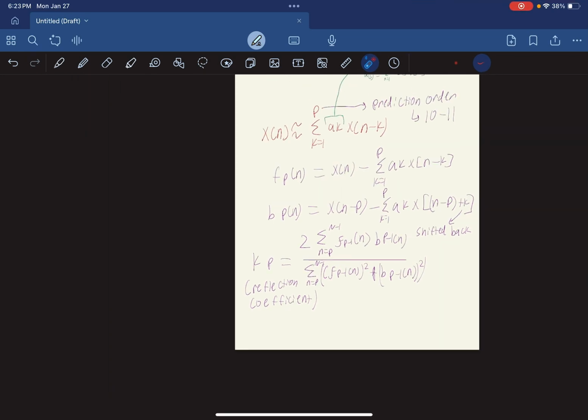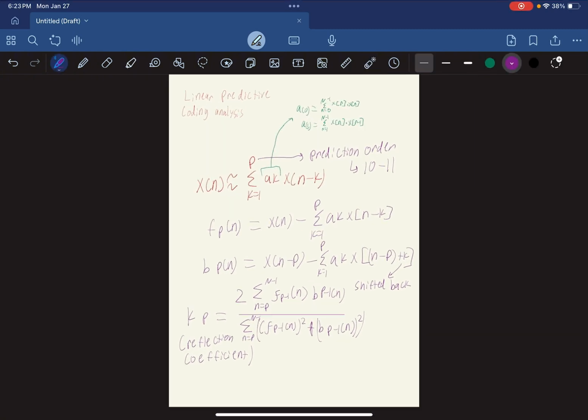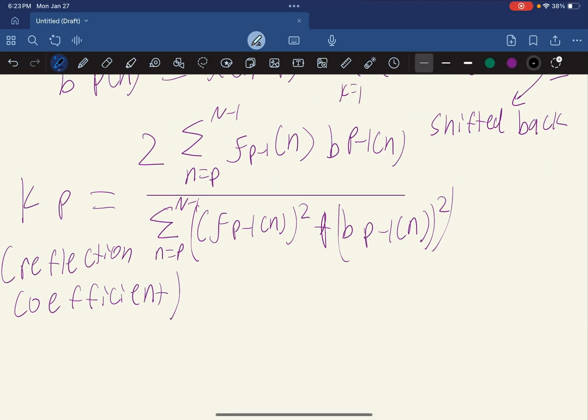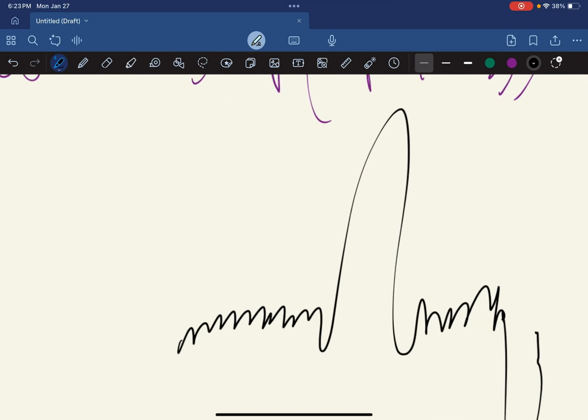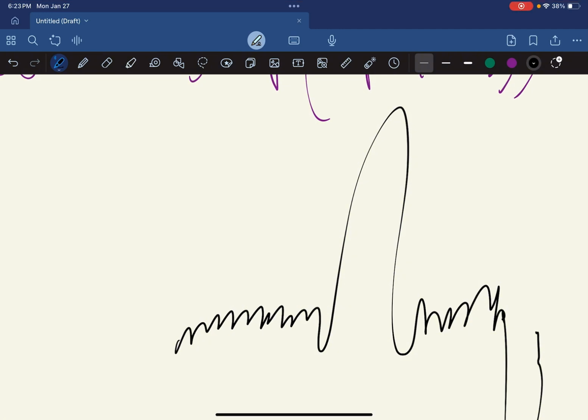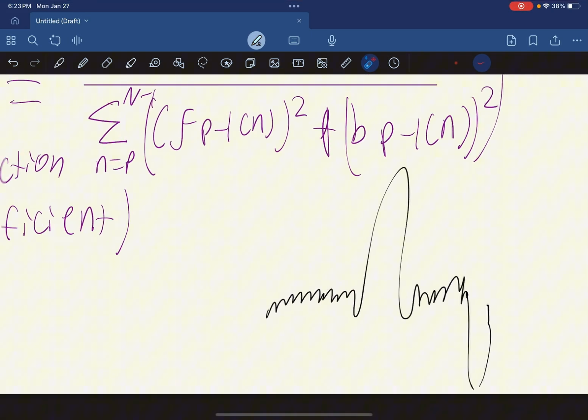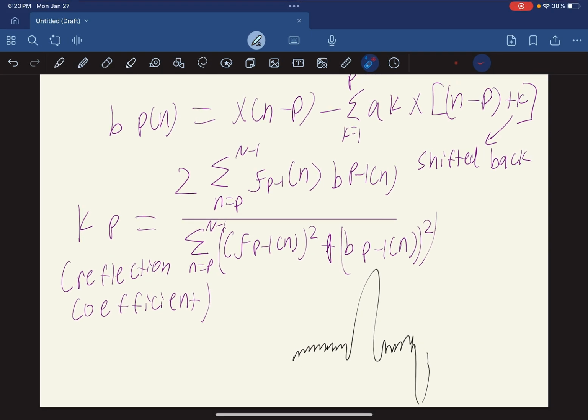To give you a visual of what I mean, if we have a function that, let's just say, goes like little, big, little, like that. Obviously, trying to predict the signal at this particular point using signals from this particular point isn't going to work very well.